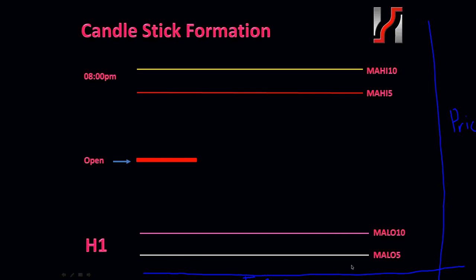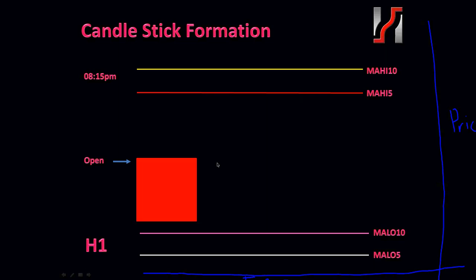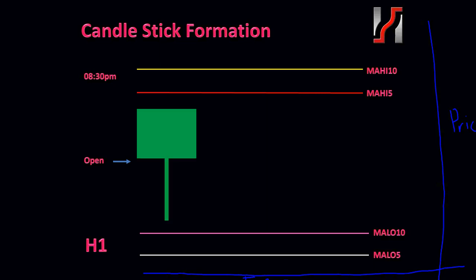Okay, so you have the buy indicators at the bottom, you have the sell indicators at the top, and at 8 p.m. on an H1 time frame, you have the candle open at this particular price. Let's say, for example, at the $1 price. Let's say in 15 minutes time, at 8:15, the price moves downwards, to about 80 cents.